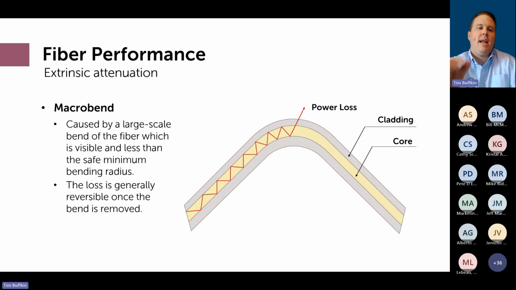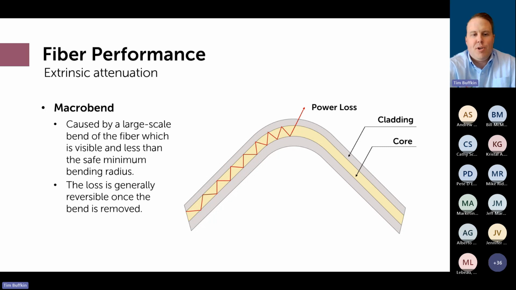Now, when we go to extrinsic attenuation, we're talking about something that happens outside of the manufacturing of the glass itself. The most common that we're going to see is called a macro bend. This is caused by a large-scale bend of the fiber, which is visible to the human eye. You'll be able to see it, and the fiber is bent at less than the safe minimum bending radius.